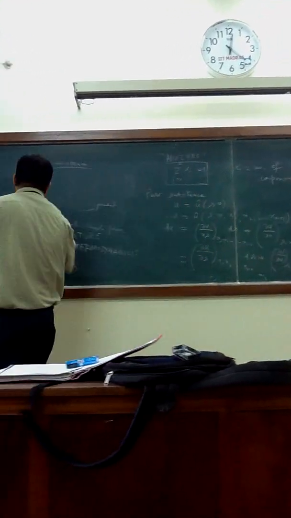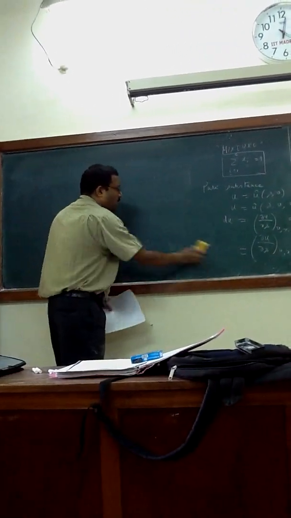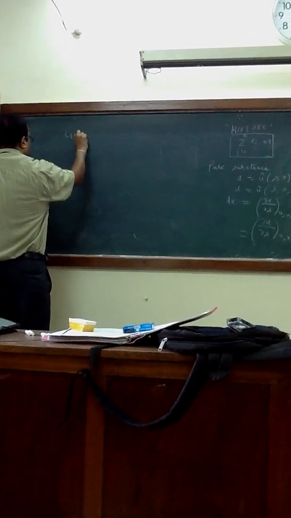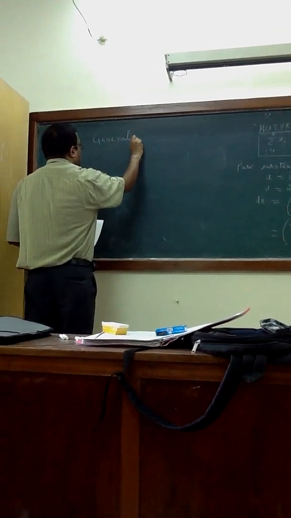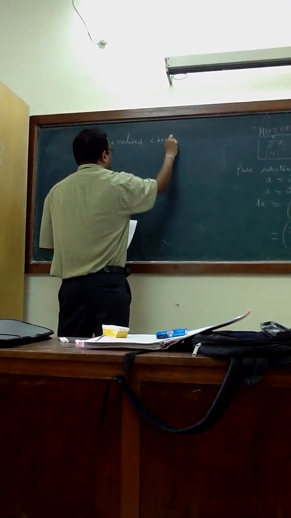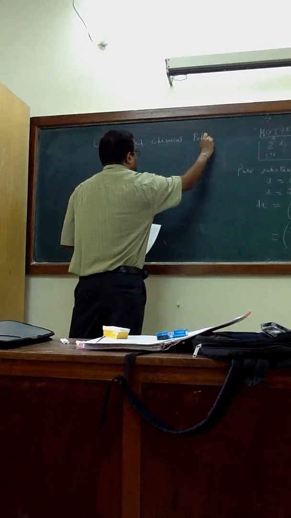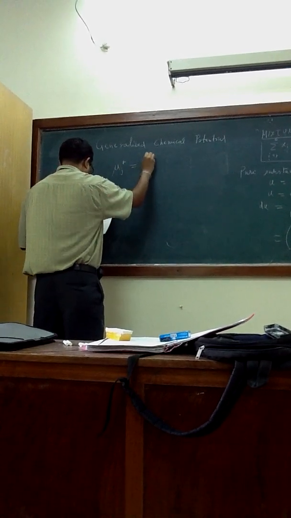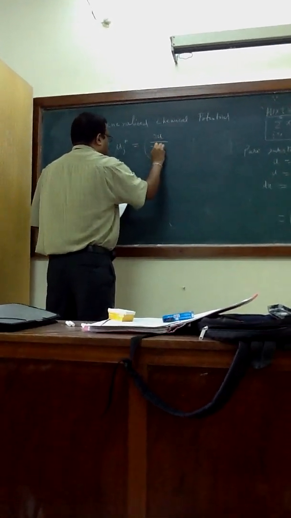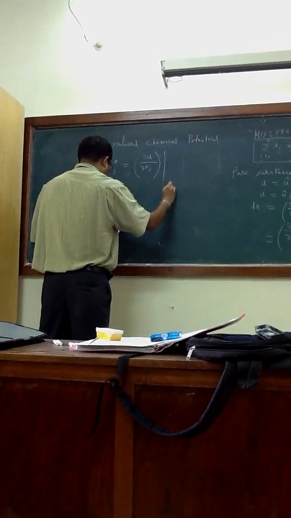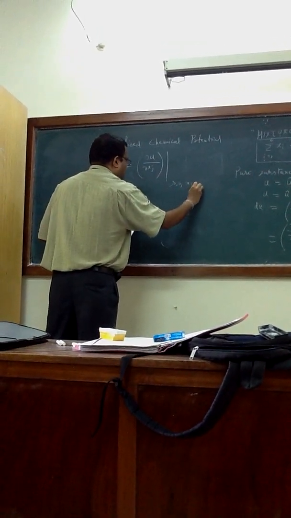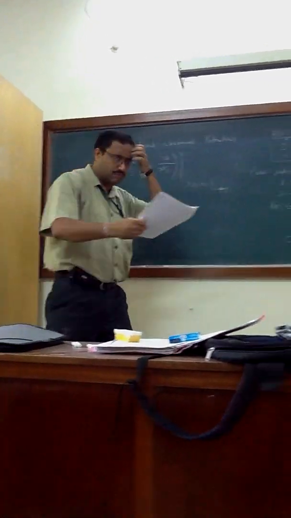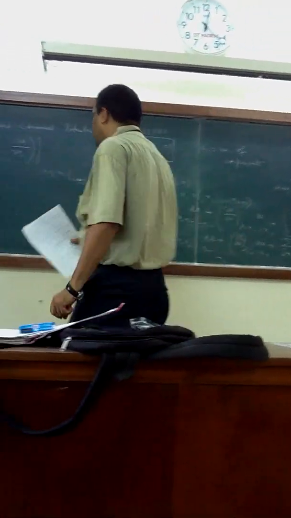So we have learned a new term, the generalized chemical potential, which is defined as mu j star, which is ∂U by ∂xj at S, V, xi, i not equal to j. Please look at the symbol. This is called the generalized chemical potential.